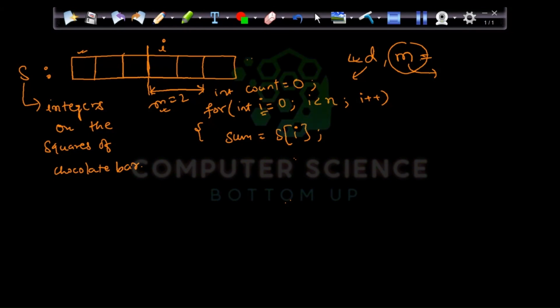And sum is equal to s[i]. For every i I will first set sum to be s[i], and then I will update this sum by adding the integers in contiguous locations till m squares.